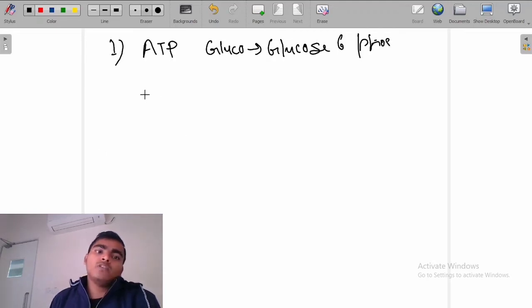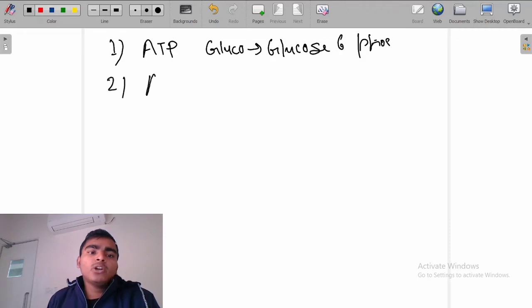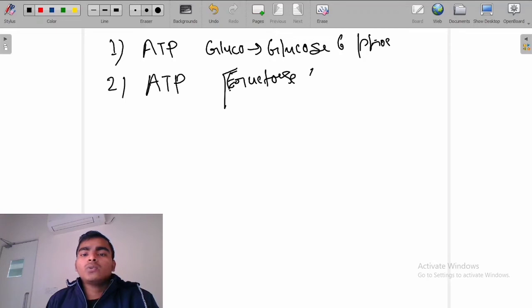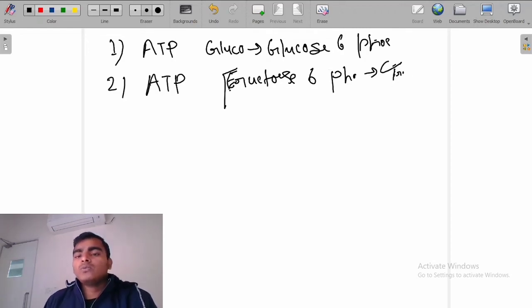This was the first ATP molecule we invested. The second ATP molecule we invested where we converted fructose 6-phosphate into fructose 1,6 biphosphate. Here we utilize the second ATP molecule.